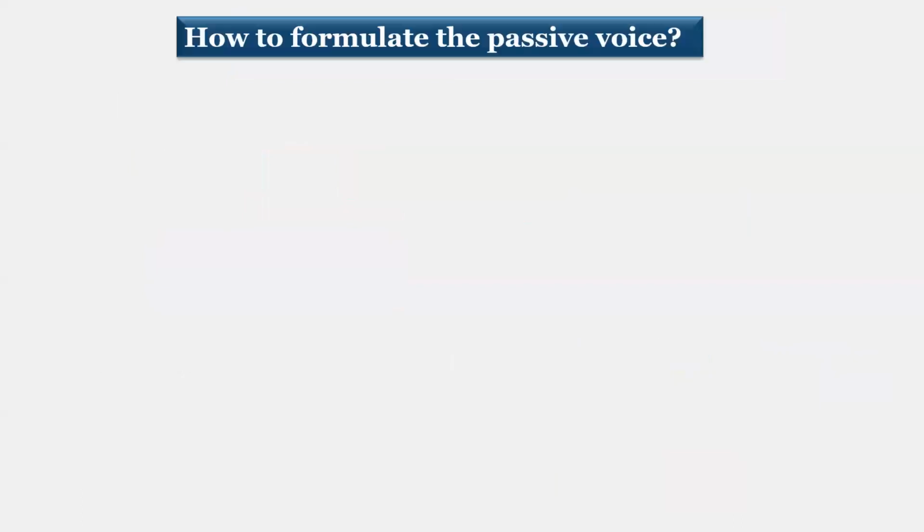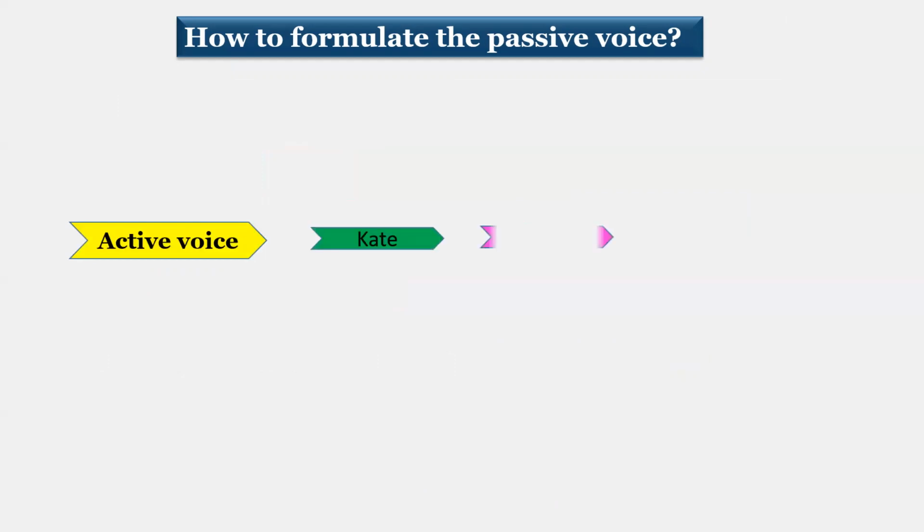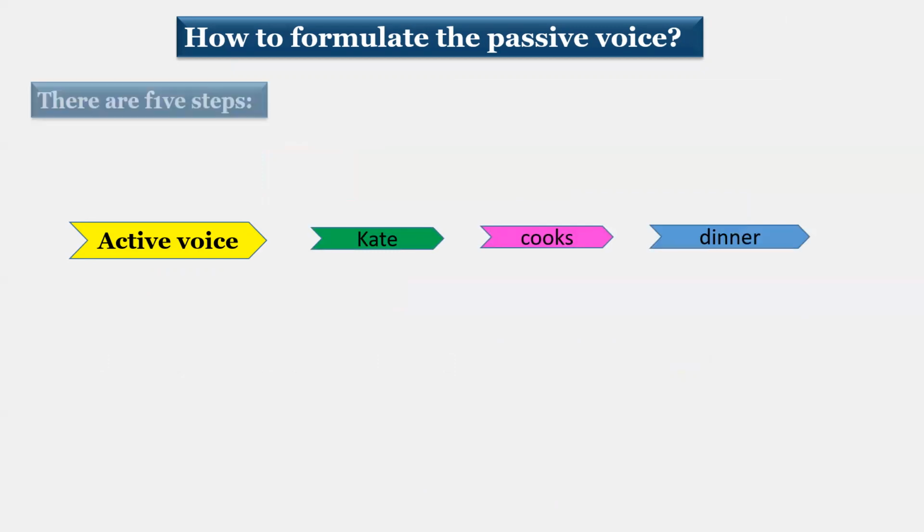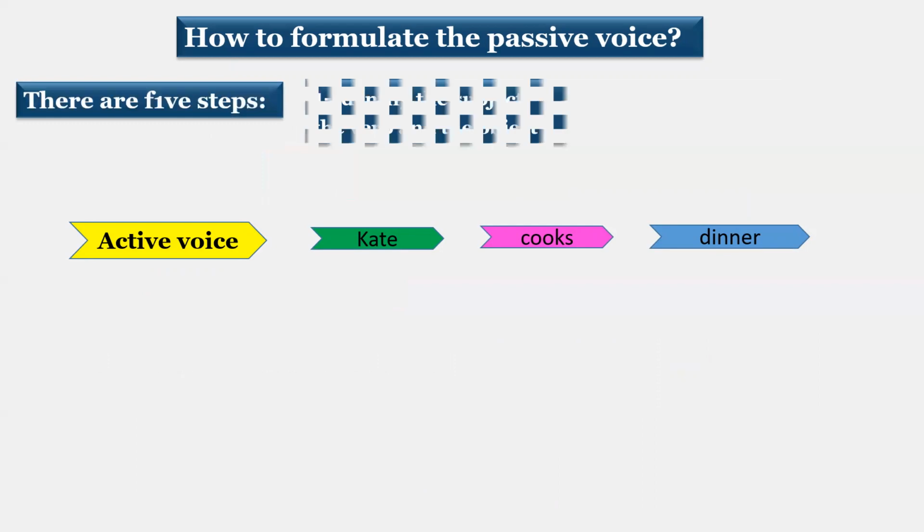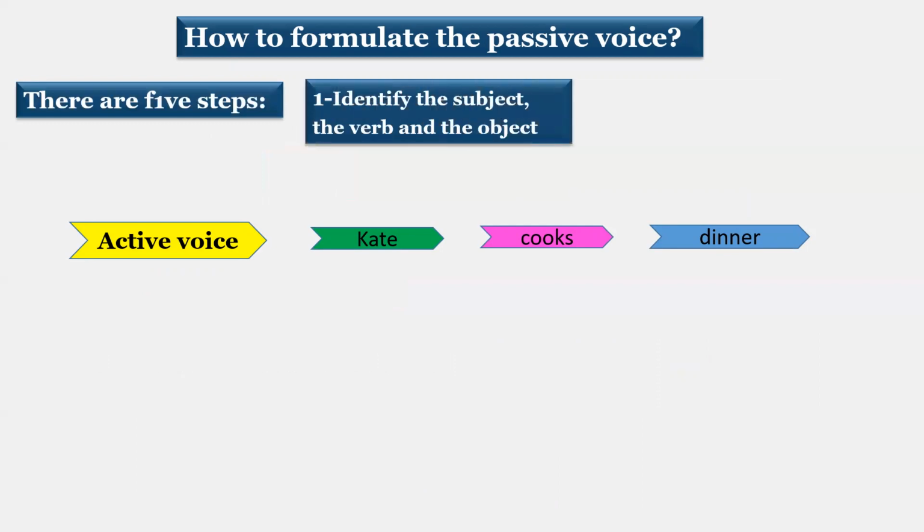How to formulate the passive voice, which means how to transform an active sentence into a passive one. Active voice: Kate cooks dinner. There are 5 steps. Number 1, identify the subject, the verb, and the object of the active voice sentence.